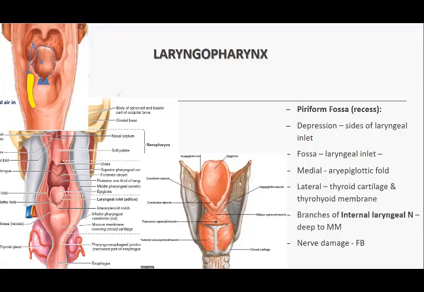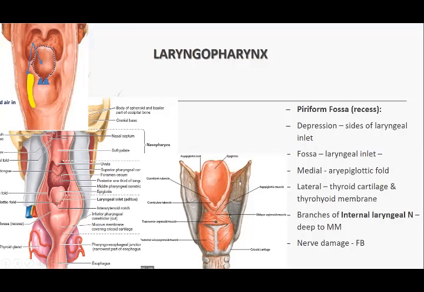Sensory fibers to the piriform fossa means that as soon as something touches this area, the person starts to cough. So if a foreign body comes here and stays even a little while, if you start coughing during eating, simply understand that food has gone the wrong way.